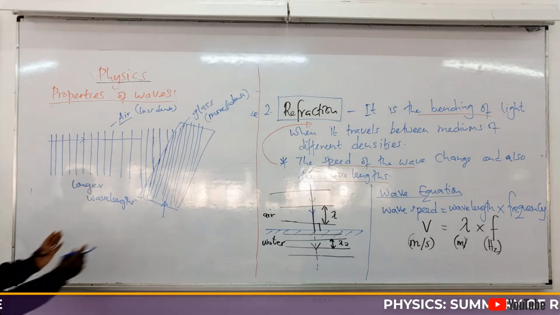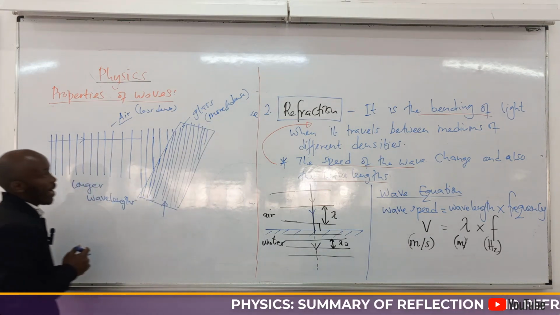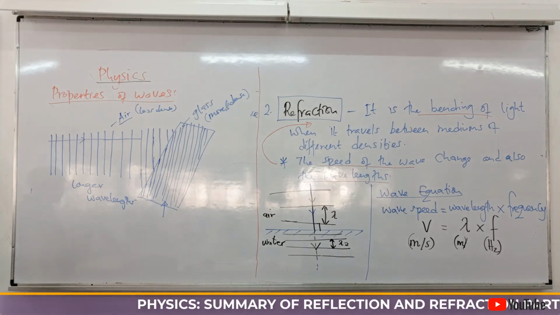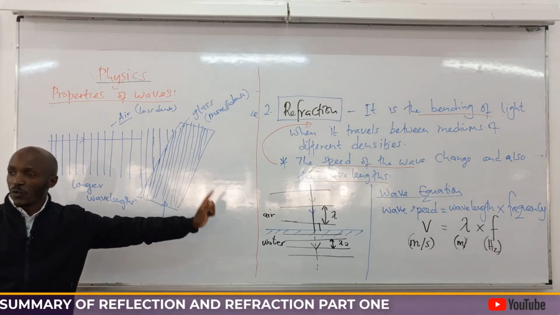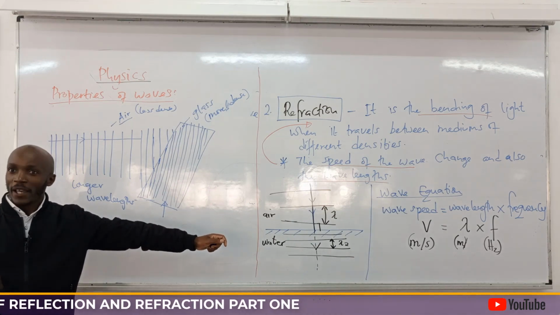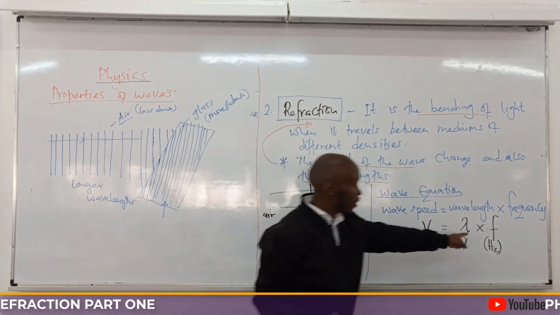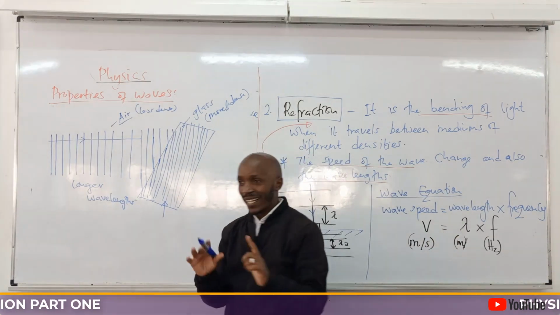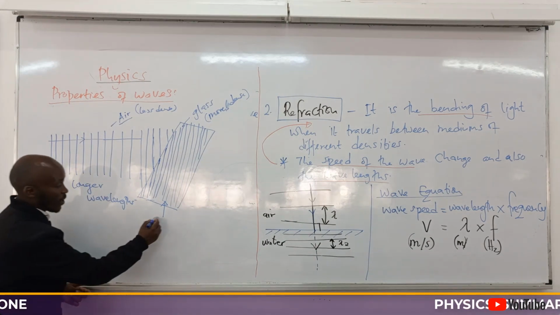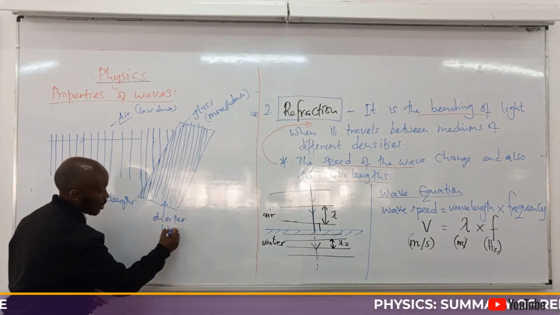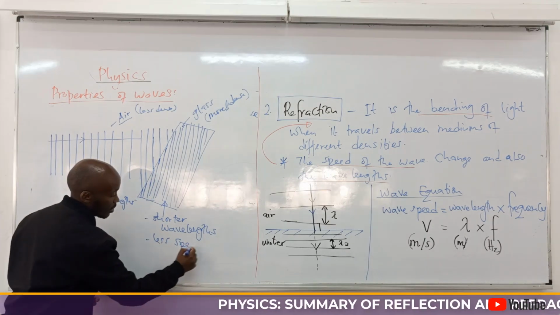So the wavelength becomes smaller in here, and according to the wave equation, if the wavelengths are becoming smaller, what is happening to the speed of the wave? Very good. It's also decreasing, because we said the wavelength and the speed are directly proportional. So here we have shorter wavelengths, and then we also have less speed.